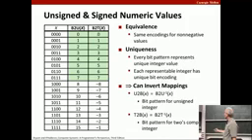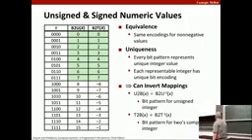The ones where the higher order bit is a 1, in this case will differ by 16, 2 to the 4th. And similarly, you'll notice that it goes unique in both directions. For any given bit pattern, there's a unique number it represents. And similarly, for any number within the given range, there's a unique bit pattern.